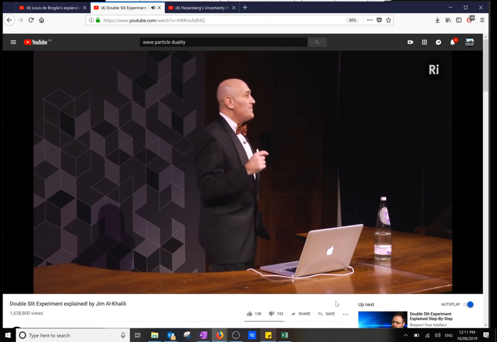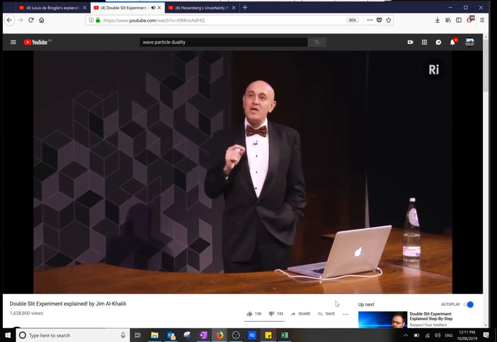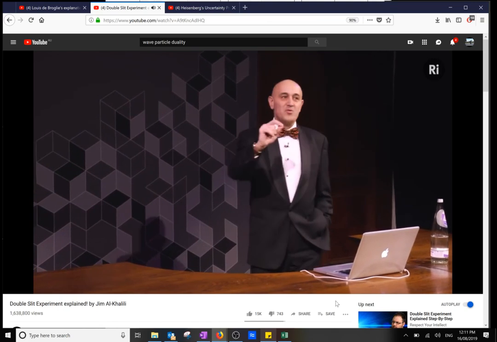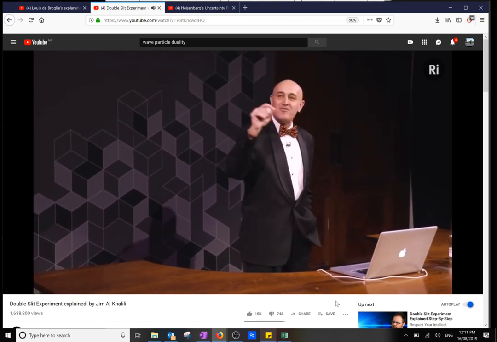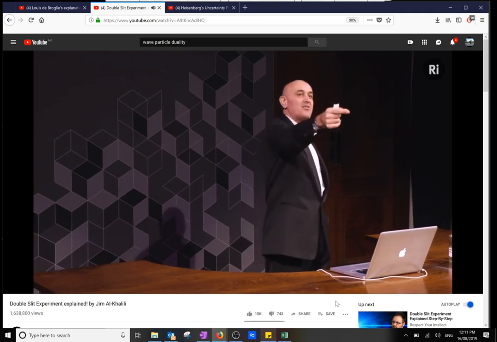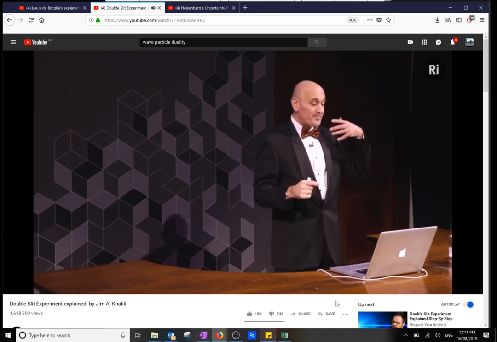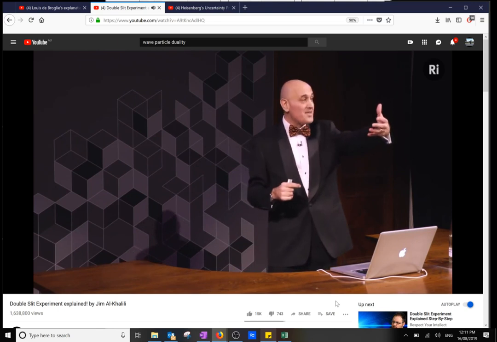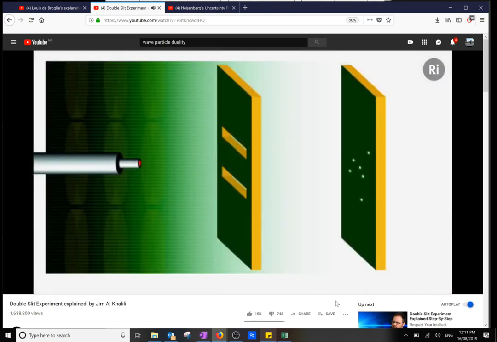But we can be clever, and we can force the issue. What if we were to not send the atoms all through at once, but send them through one at a time? Leave enough of a gap for the atom to get through to hit the screen. Of course, as I say, some atoms will hit the first screen and not get through, but those that get through will hit the back screen. So let's run the experiment again slowly.